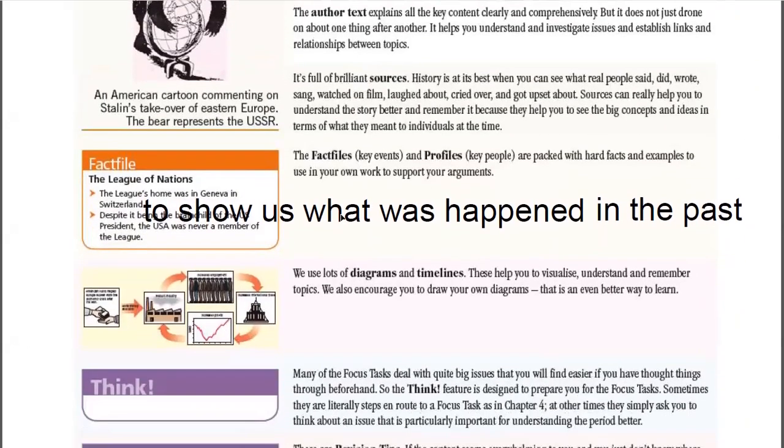To show us what happened in the past. So this is why we use a lot of diagrams and timelines in this book. For what do they use it? To show us what happened in the past.